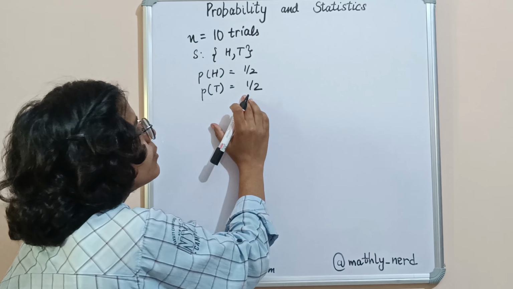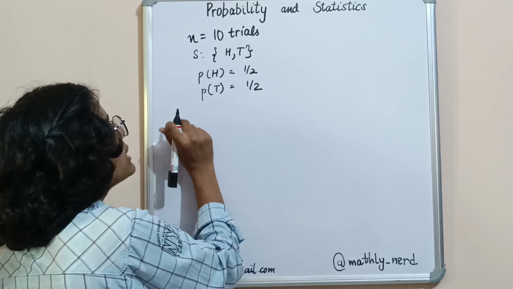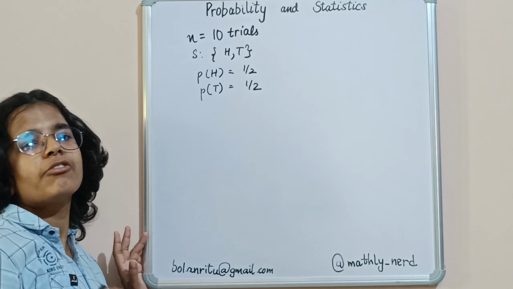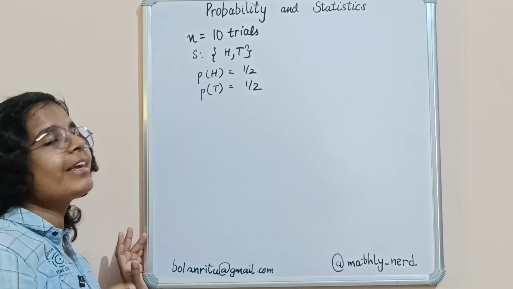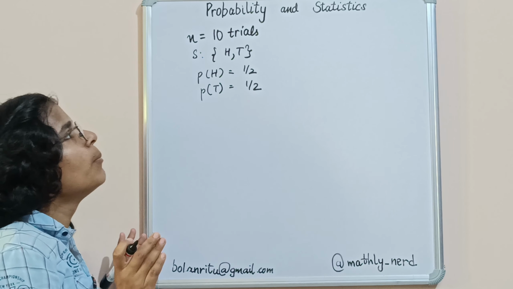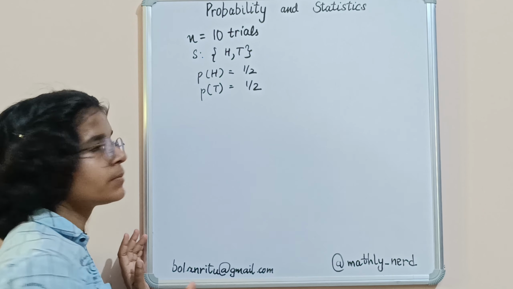Now let us assume we want to find out that we toss a coin for 10 times and we get a head more than 8 times.